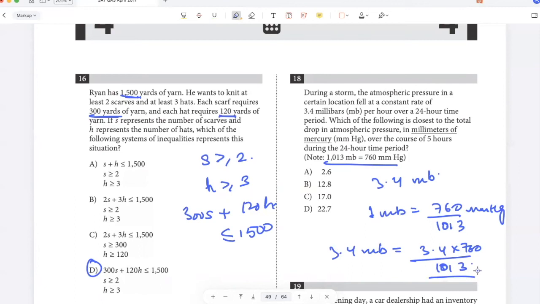So let's just plug that in. 3.4 times 760, divided by 1013. So this is 2.55, right? So it fell by 2.55 millimeters of mercury per hour. So over the course of 5 hours, how much would it fall? 2.55 multiplied by 5. So 12.75, which is close to 12.8.